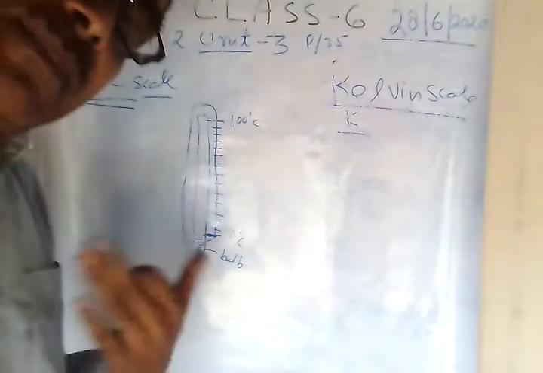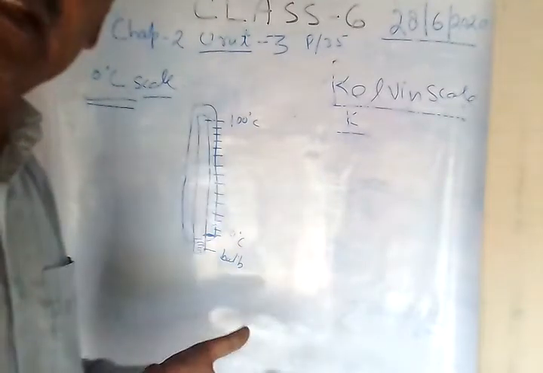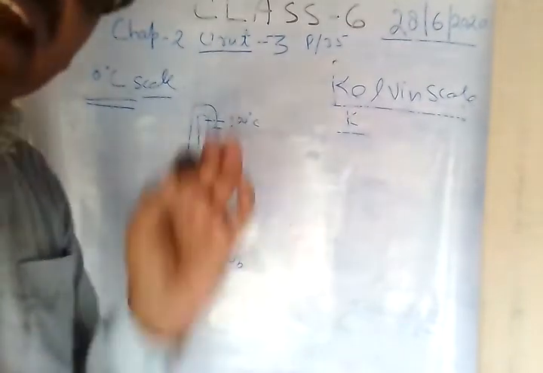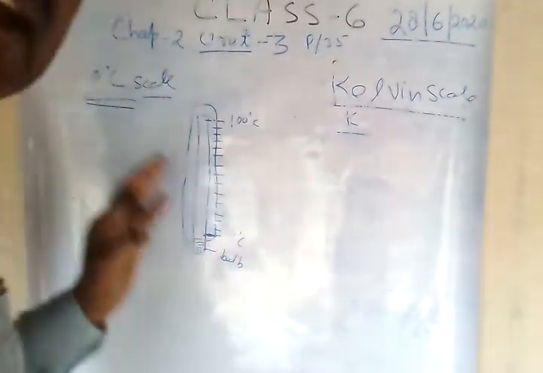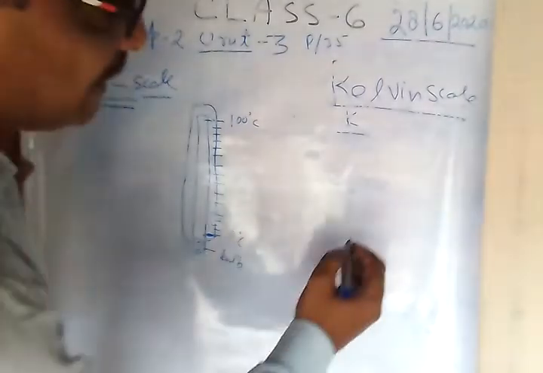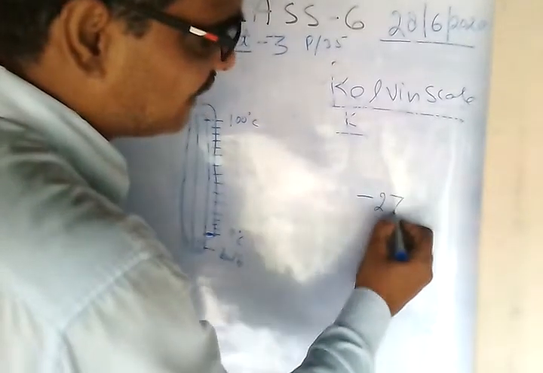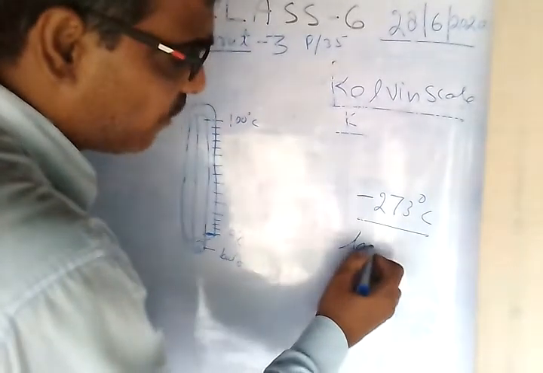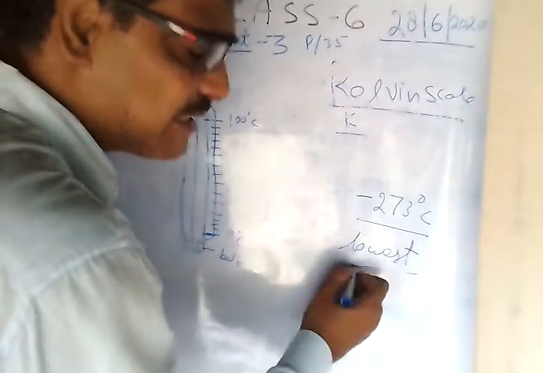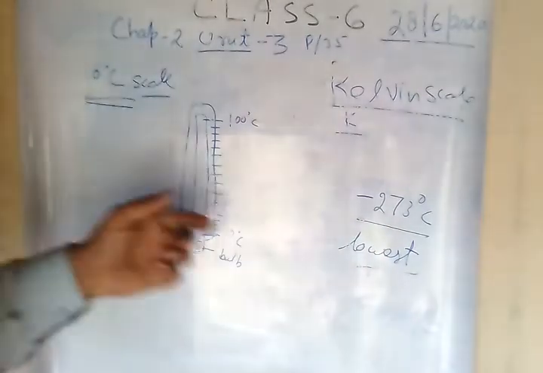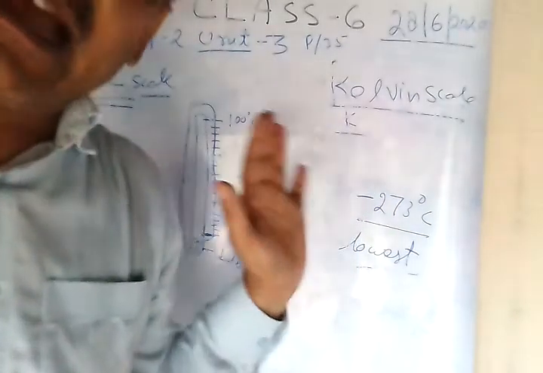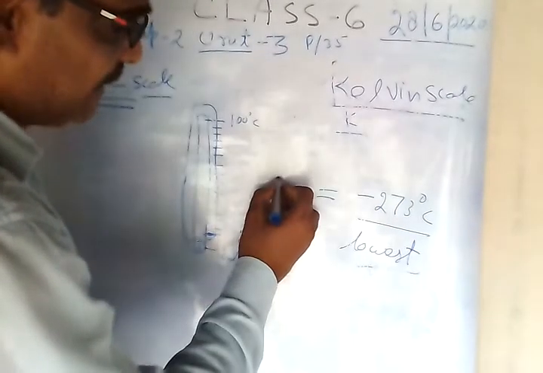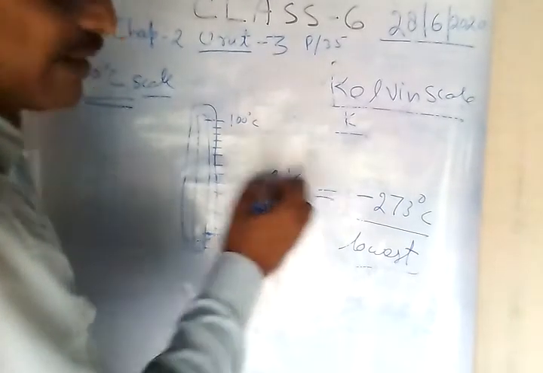Then how do we measure temperature in negative values on the scale? So Lord Kelvin decided by experiment that minus 273 degree Celsius is the lowest temperature, and this is called 0 Kelvin.